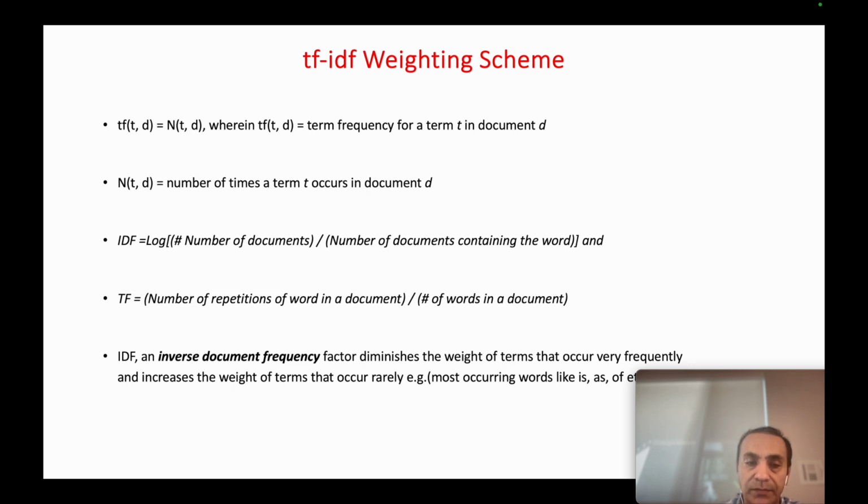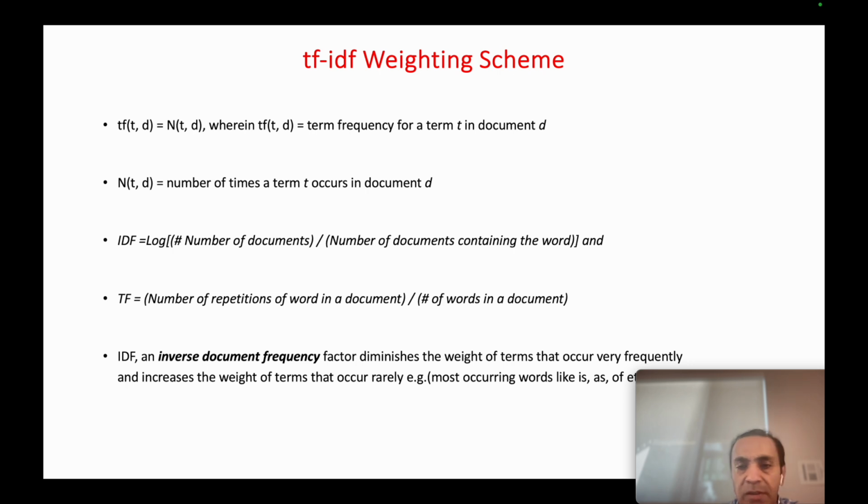So as I just mentioned, the IDF, or inverse document frequency factor, diminishes the weight of terms that occur very frequently and increases the weight of terms that occur rarely.